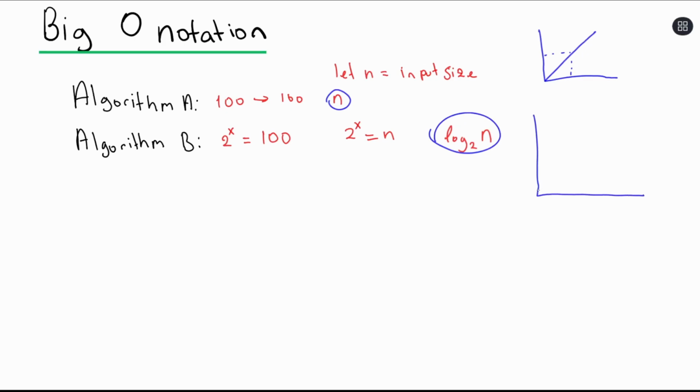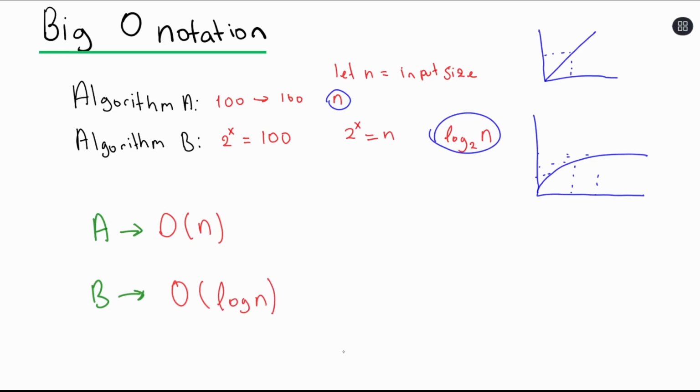So something that looks like this: as the input size increases, the output time will increase, but not as much as the linear one. To denote this, we're going to use big O notation. For algorithm A, we're gonna say it has O of n time complexity. And for algorithm B, we're gonna say it has O of log n time complexity. This is how we write it.